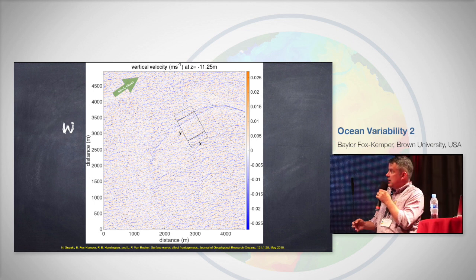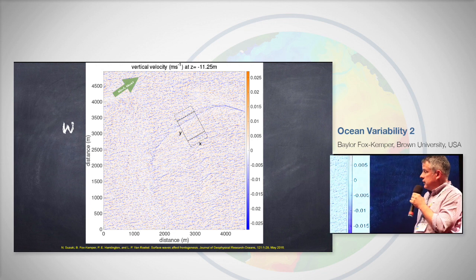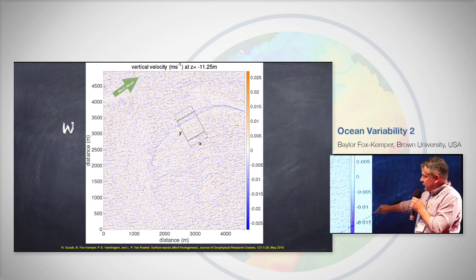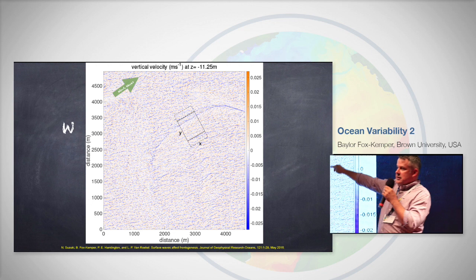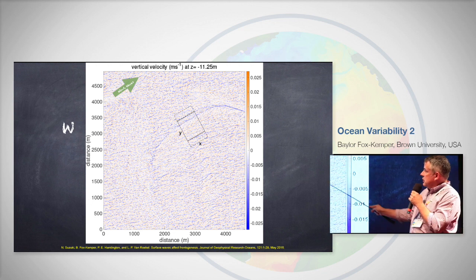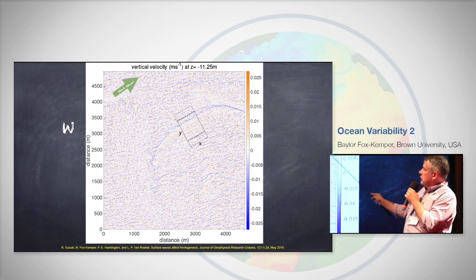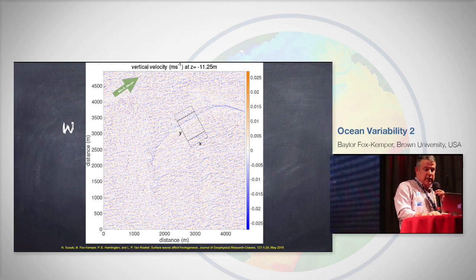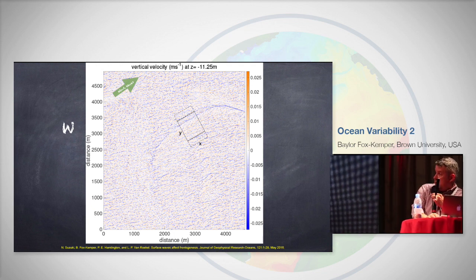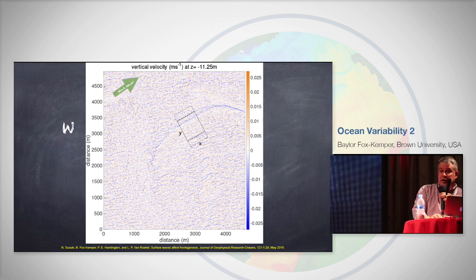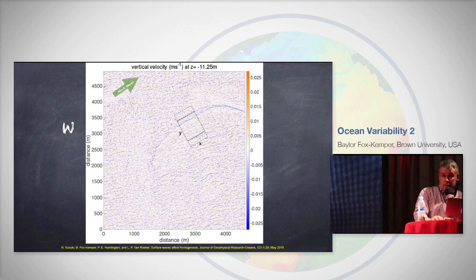And now here's an interesting thing. This is the vertical velocity field. And out here away from the front, look, there are Langmuir cells everywhere. On the front there's a big vertical velocity sitting on it. Right along the temperature gradient, there's a big long strip of downward vertical velocity. Okay?